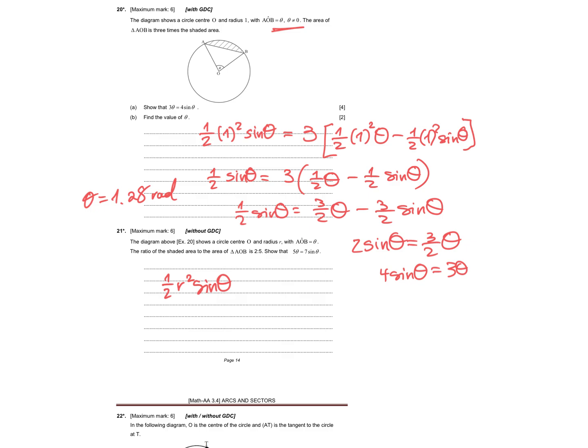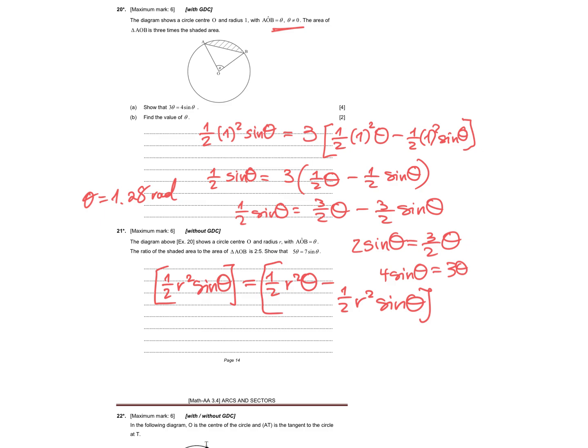What we could do is, instead, the area of the shaded part is 1/2 r squared theta minus 1/2 r squared sine theta. So the ratio of the shaded area is 2 to 5.